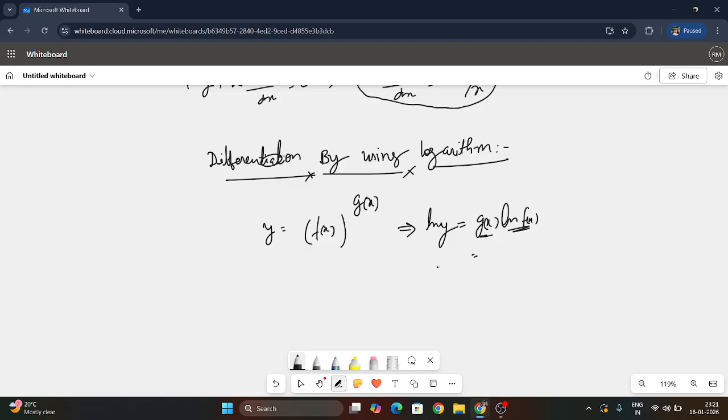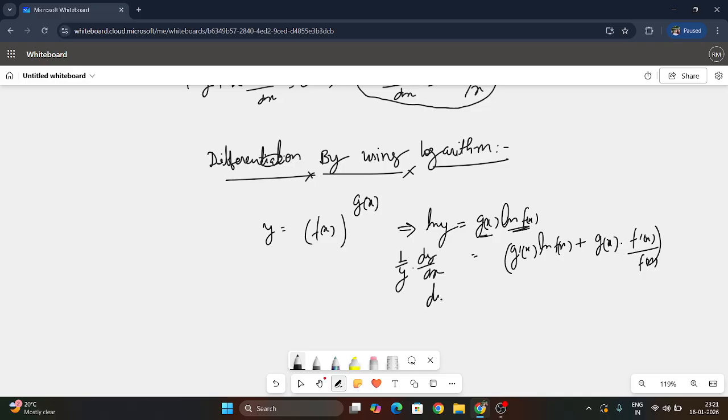Okay. So let's differentiate it. So log y gives 1 by y times dy by dx, is equal to g dash x log f(x) plus g(x) into 1 by f(x) and f dash x. Okay. So this is going to be the differentiation.